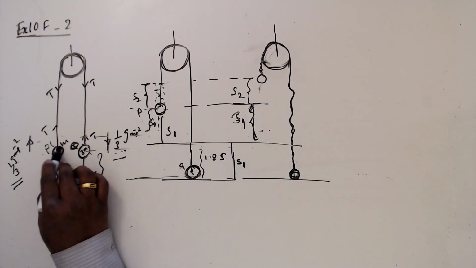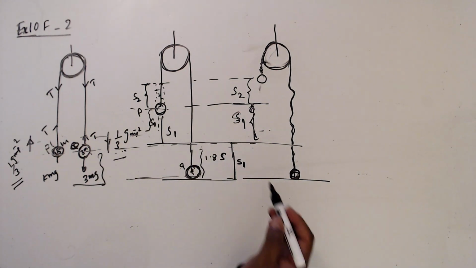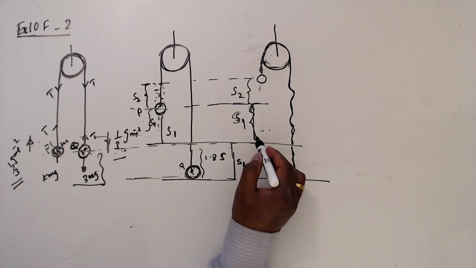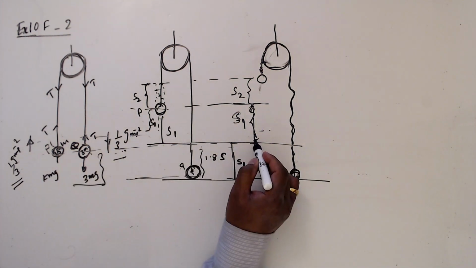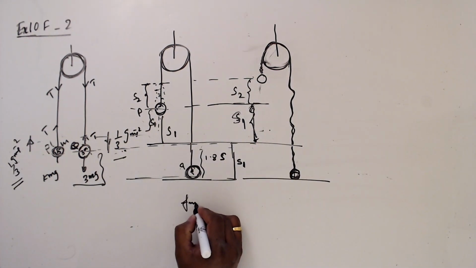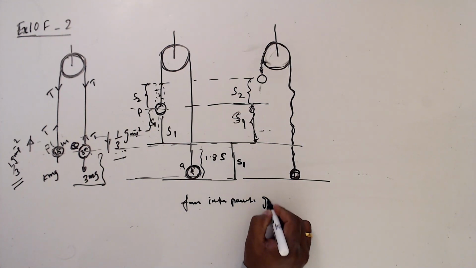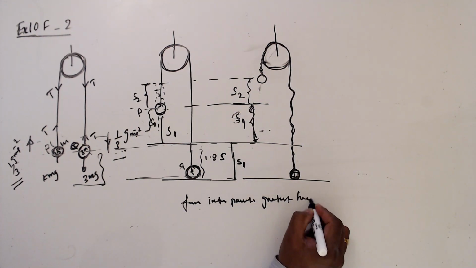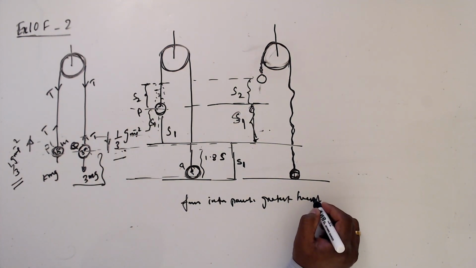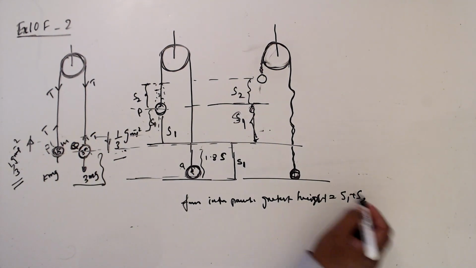So this is the initial position, both are there. From the initial position, particle P moves S1 and another S2. So from the initial position, the greatest height is S1 plus S2.